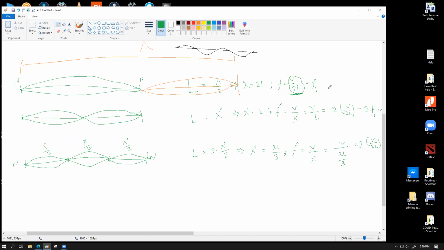So if this frequency is 100 hertz, and we want a sound of, let's say, 95 hertz, so we want a smaller frequency, which means the wavelength has to be slightly bigger. So in that case, this part of the wire needs to be slightly bigger.